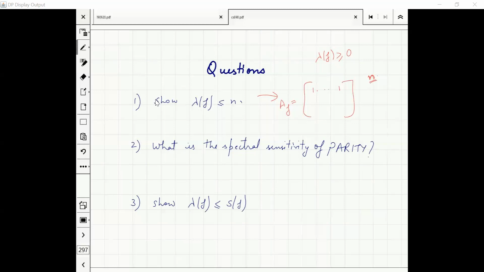And now my claim is that the maximum eigenvalue of a matrix is less than or equal to the maximum row sum. And this is a simple proof that any eigenvalue of a matrix, its value is less than the maximum row sum.